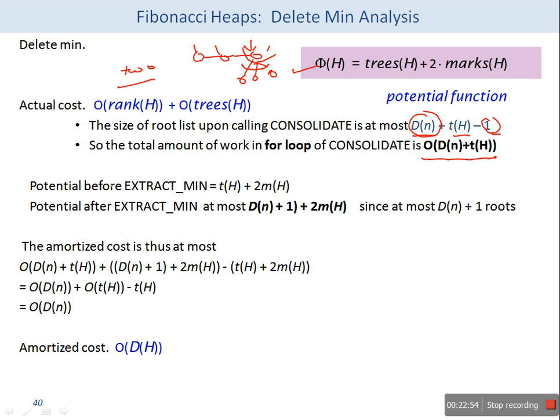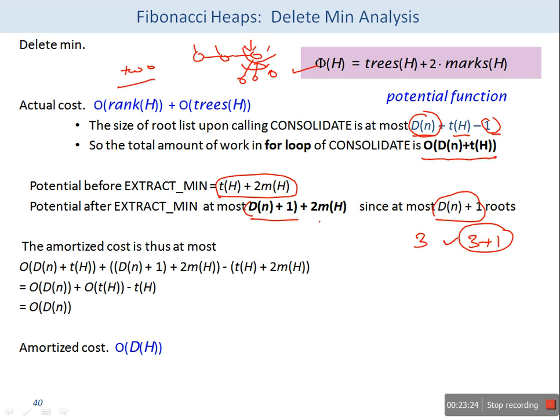Secondly, for the potential function for extract min, you require t of H. So before extract min this is the potential function. After extract min there may be D of n plus 1 roots, because at most we have D of n plus 1 roots. As we can see in an example, my tree has a degree of 3 and the root has 3 nodes.